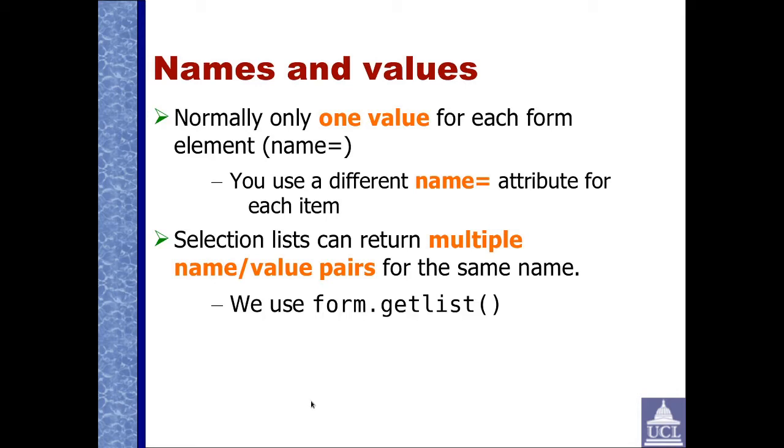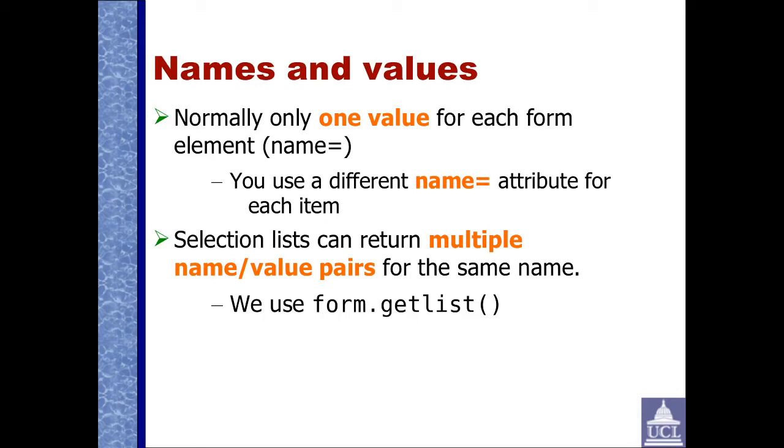Normally, only one value is returned for each form element. So when you have a name equals something, you would just associate that with a single value. So you use a different name attribute for each item, just as you would use a different variable to refer to a different piece of data in a normal script.